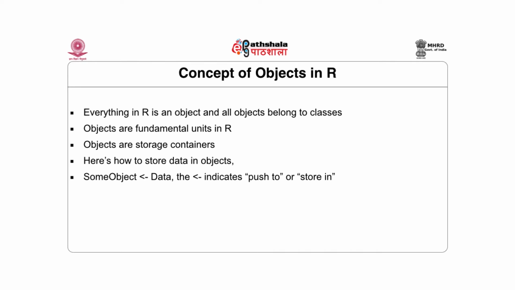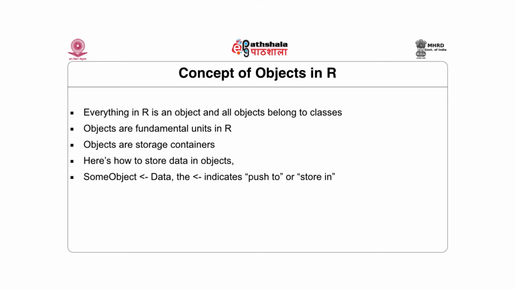Objects, specifically in R, are containers of data. So as you can see, there is a way in which you can assign a particular set of data or information into an object. The way you do this is you use a little arrow, a dash and an arrow that points to the left.